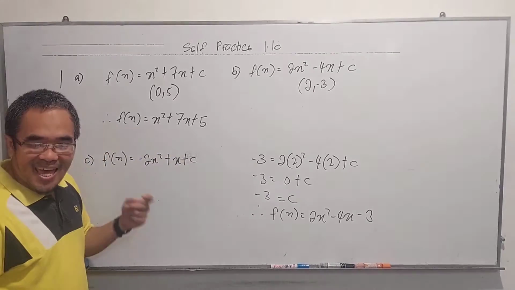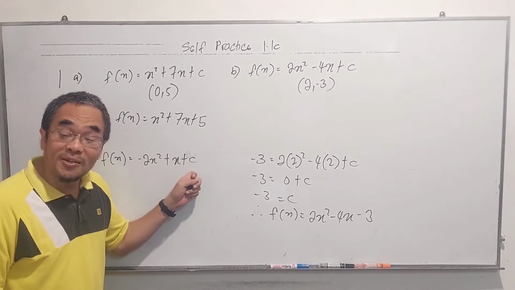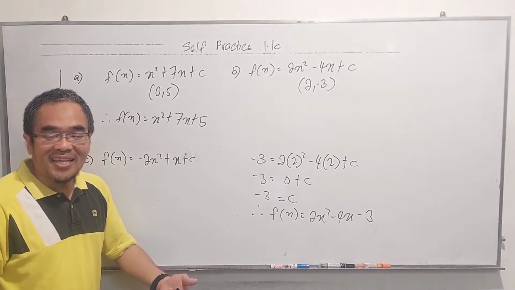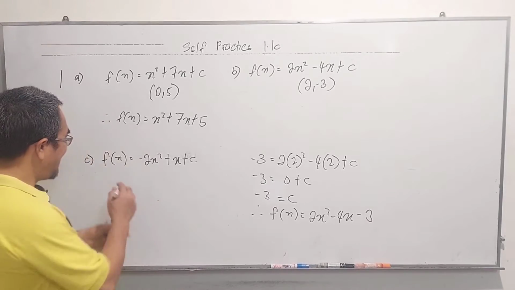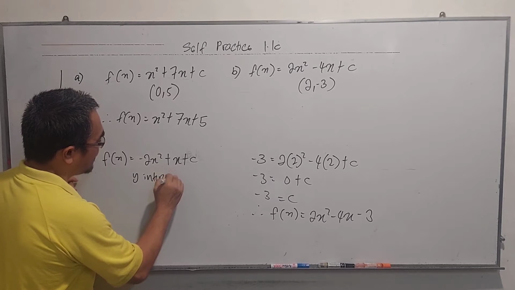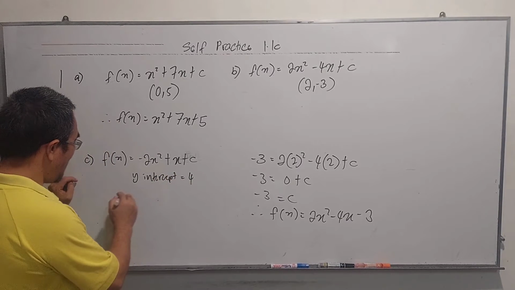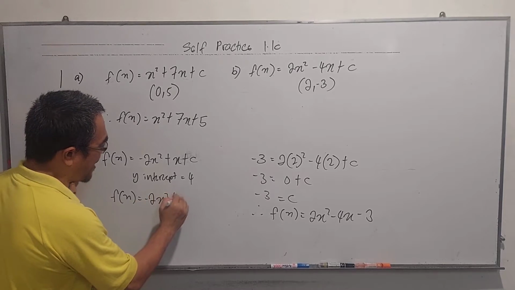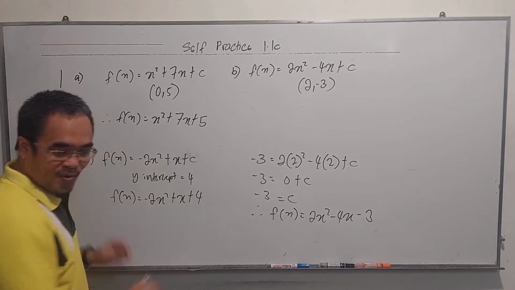Just replace c as 4, because if you know the fact that c is the y-intercept and you are given that the y-intercept is 4, so f(x) is negative 2x squared + x + 4.